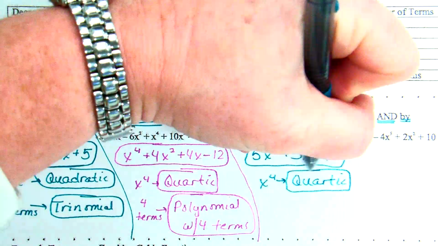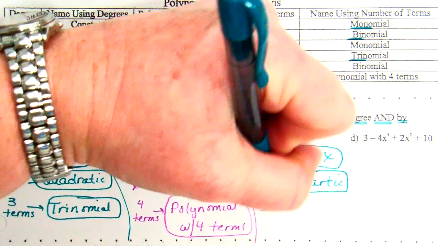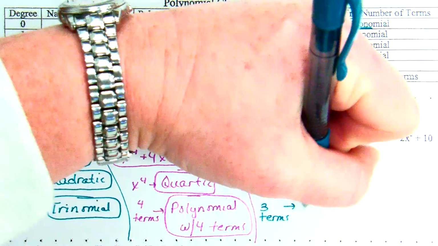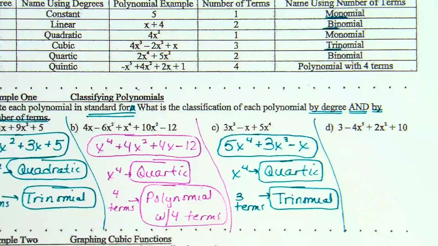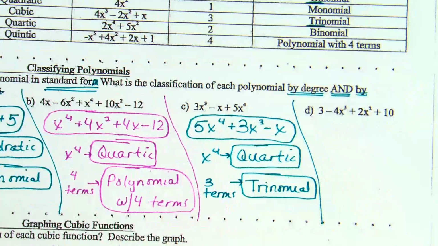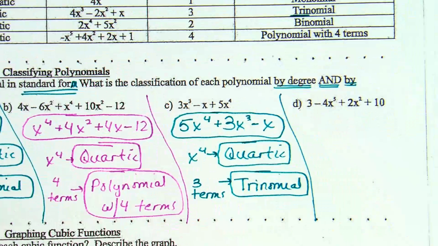And then I have 3 terms being added and subtracted, and that makes it a trinomial. So when I say it, I would say quartic trinomial. But I'm more about, do you have the 2 names you need? Okay, part D.